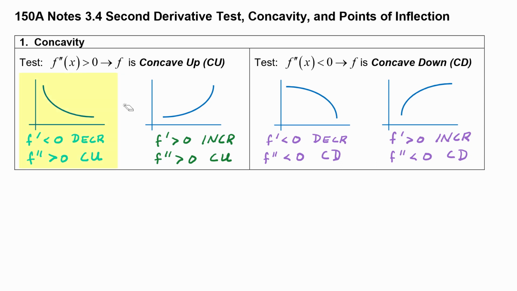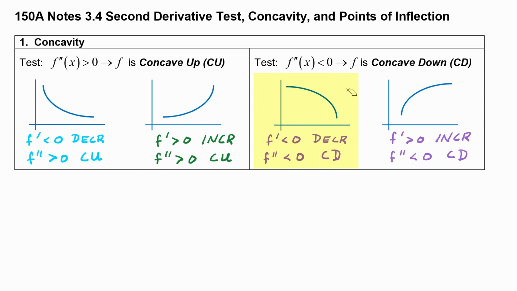If the first derivative is negative and the second derivative is positive, then we have a curve that is decreasing and concave up. If the first derivative is positive and the second derivative is positive, then we have a curve that is increasing and concave up.